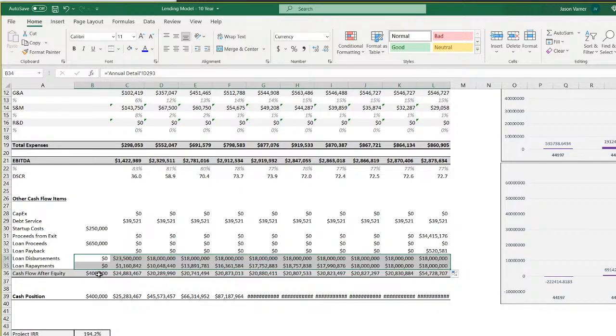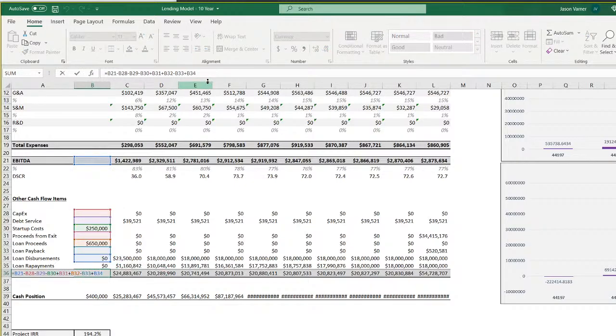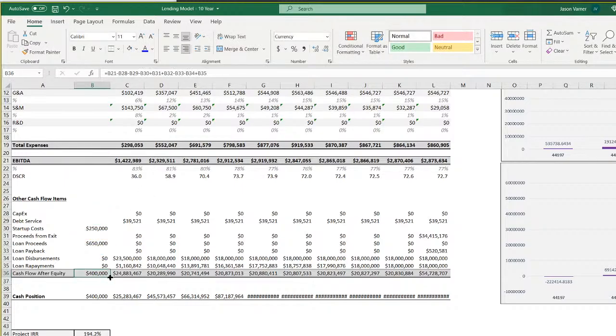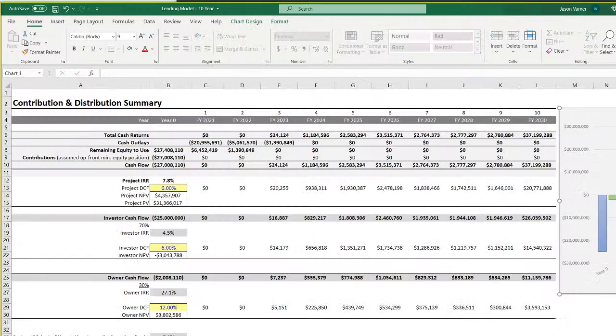Now, disbursements are actually going to be a minus, but then you add back any collections. So 25,650,000 is the number we should be at.